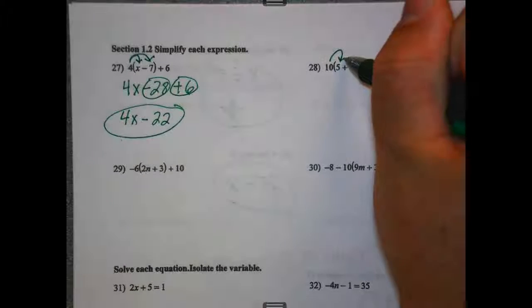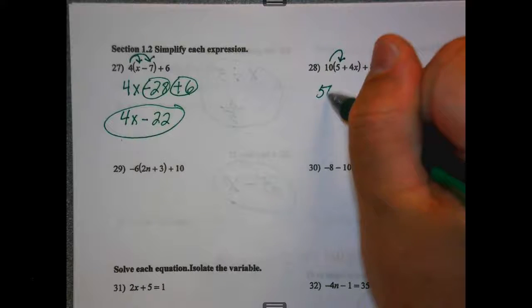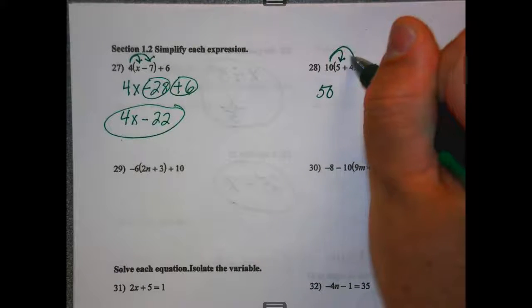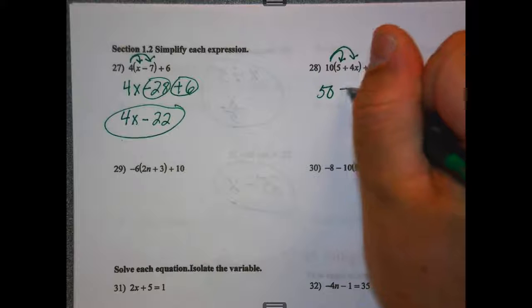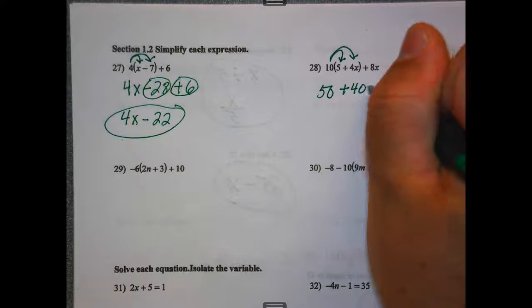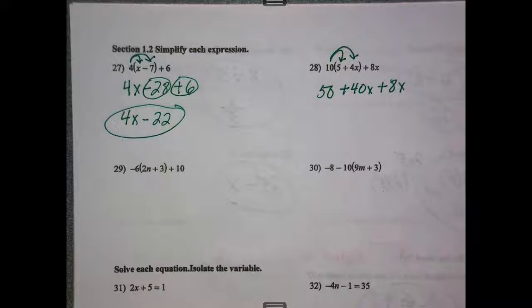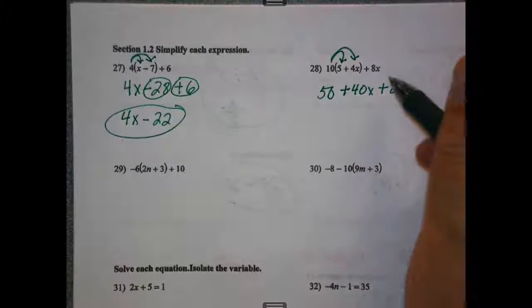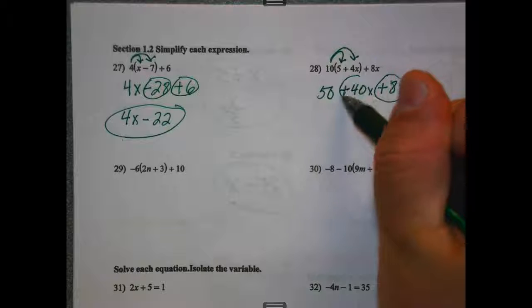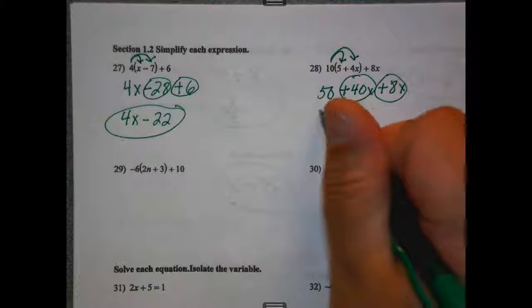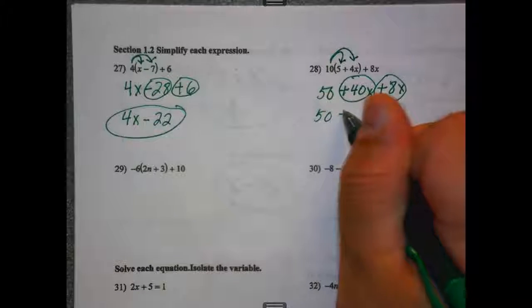10 times 5 is 50. 10 times positive 4x, 40x. Nothing going on with that 8 outside the parentheses. This time I can combine my algebraic terms.